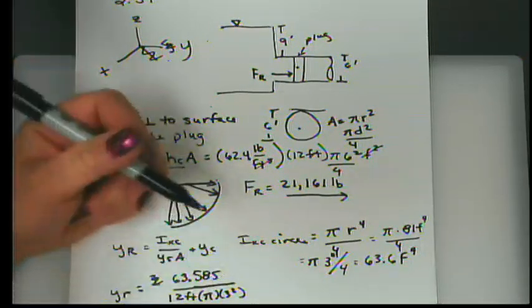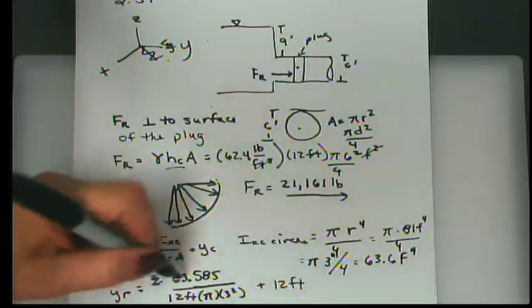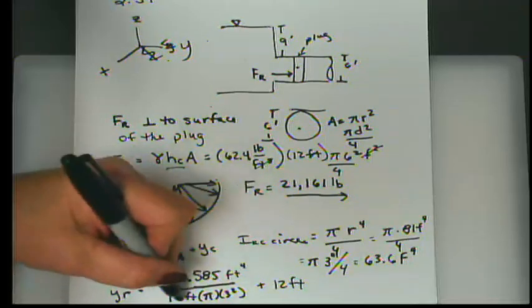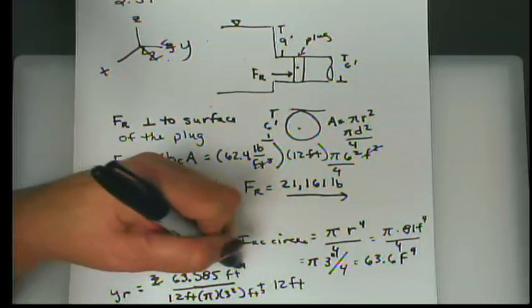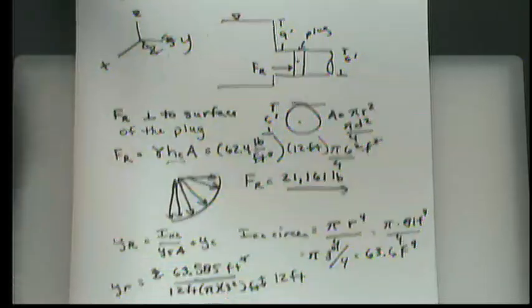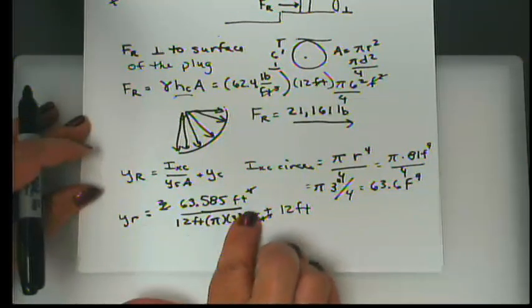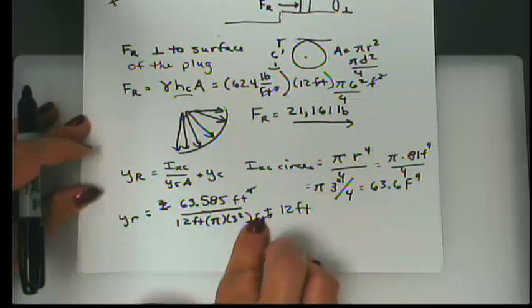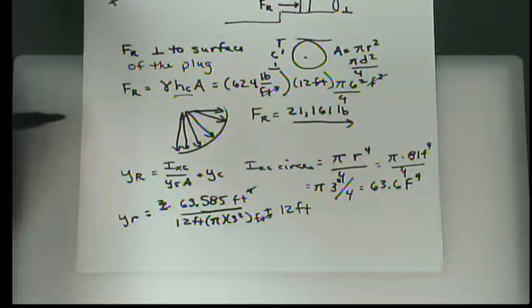And I'm going to check my units in just a minute, plus y sub c, which is 12 feet. All right, so this is feet to the fourth. I have feet, and feet squared is feet to the third. So this cancels this, and I'm left with units of feet. Okay, so I have feet to the fourth divided by feet, and divided again by feet squared, which is feet to the third, and add that to feet.